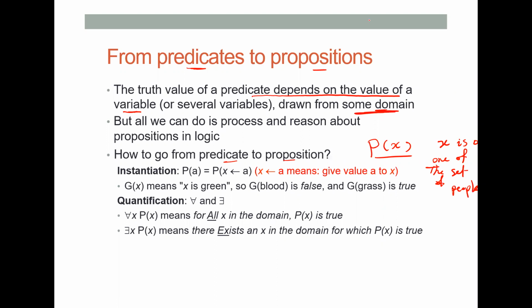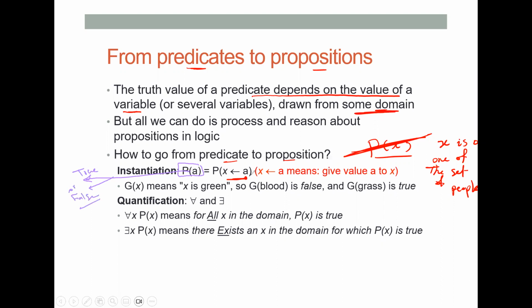And now I'm gonna say, okay, I will substitute X equal A, which means that I will convert P of X from having a variable X into P of A, and now I can check whether P of A is calculated to either true or false.